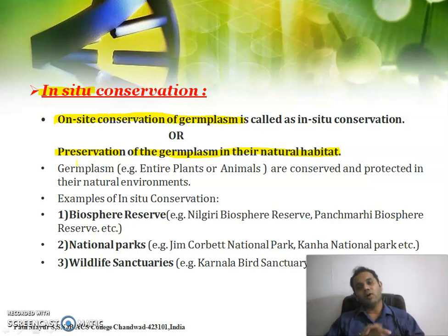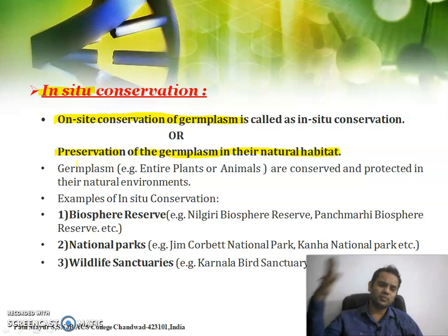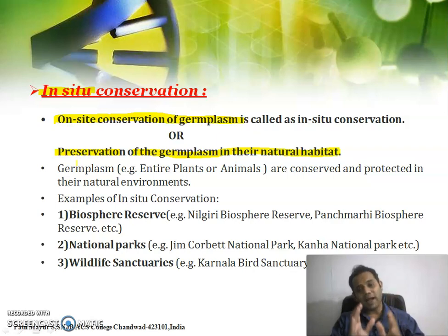Or in a deep forest where huge plants are there, and even seedlings or small plants are also there, those plants are protected at their places only, where they are actually present, to which area they belong.